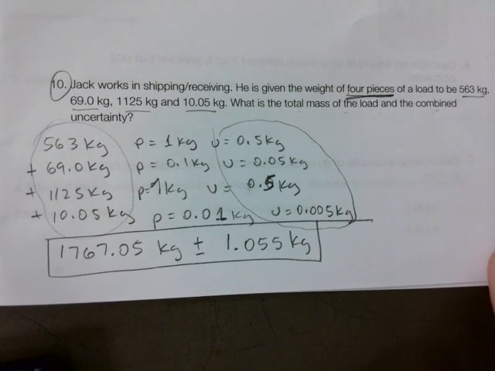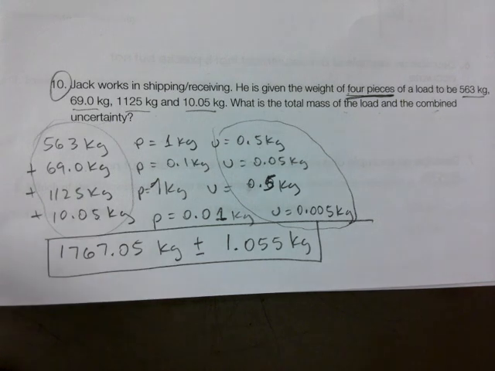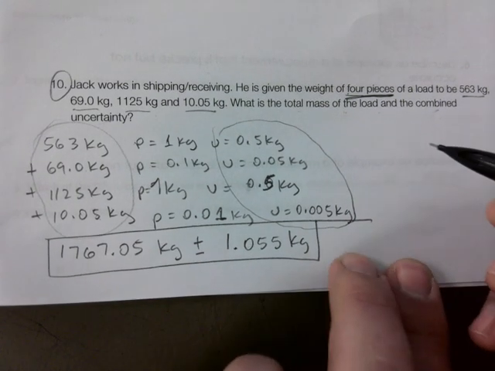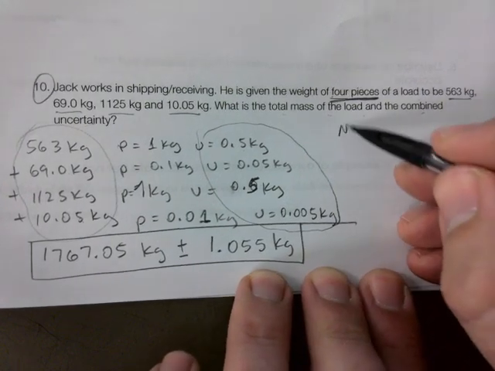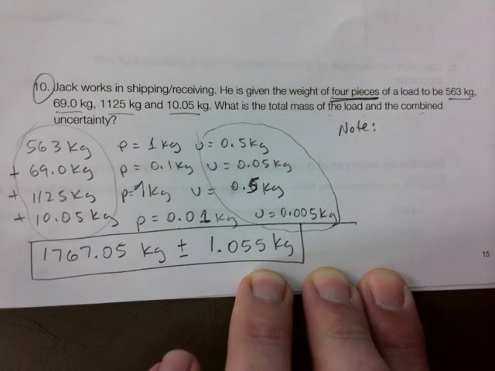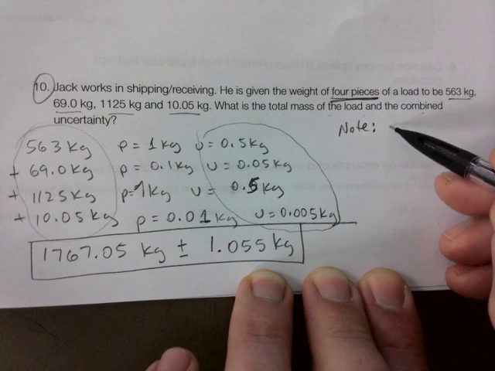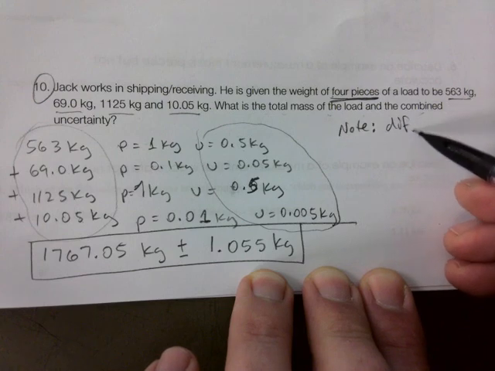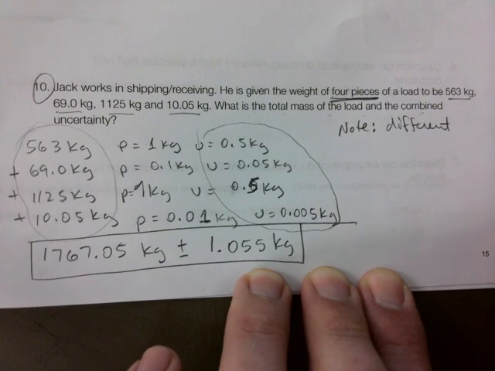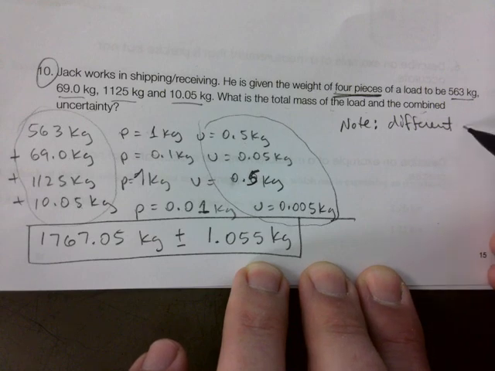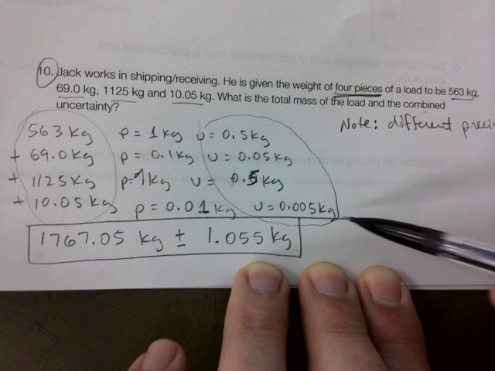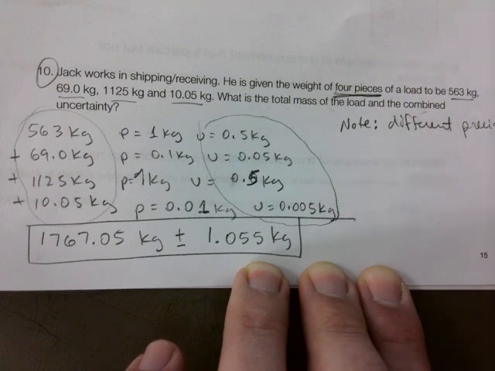So in this case, they all have different precisions and different uncertainties. There's 2 that have the same, right? So I will make a note here. Different, yeah. If the units are not the same, you got to do some converting.